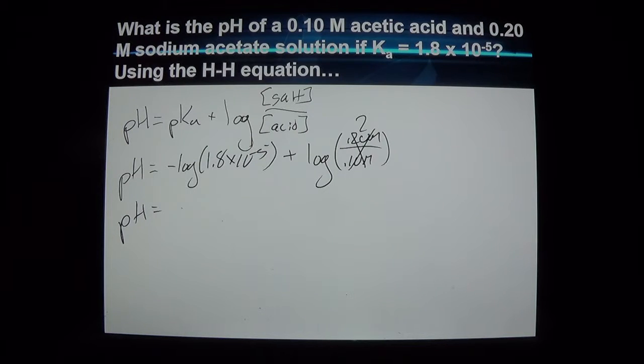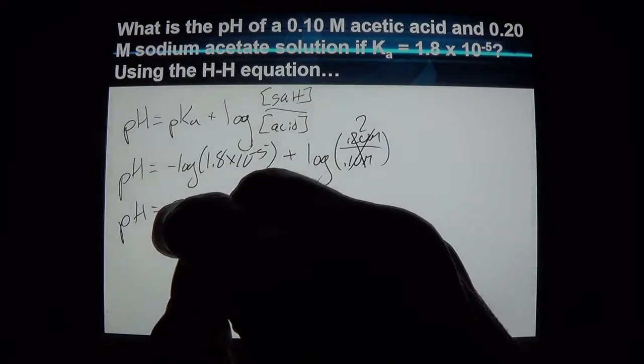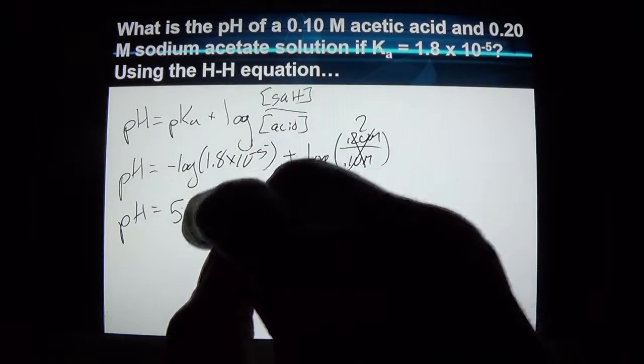Negative log, thank you, of 1.8 times 10 to the minus 5, and I'm going to add to that the log of 2. And I get, as my pH, 5.05.